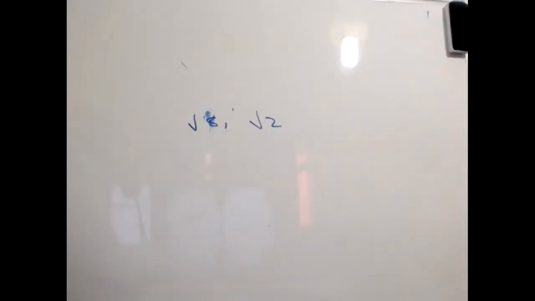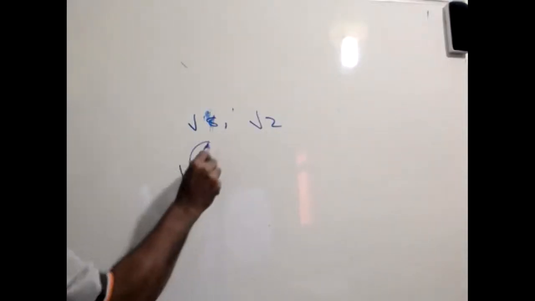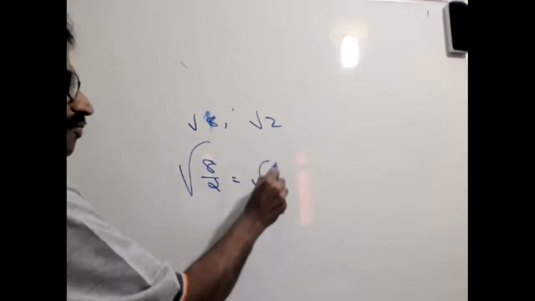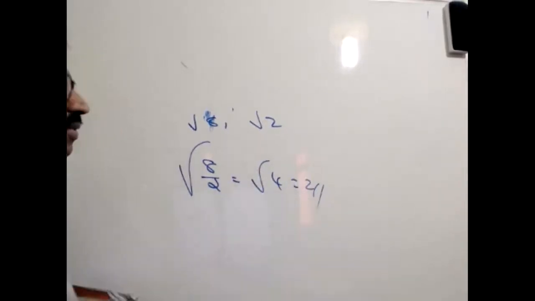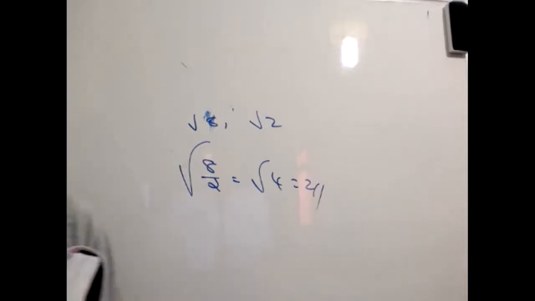Root of 8 divided by 2, root of 4 equals 2. Same order, root 8 comma root 2. It's clear or not? So that means now we'll look here. We got examples.